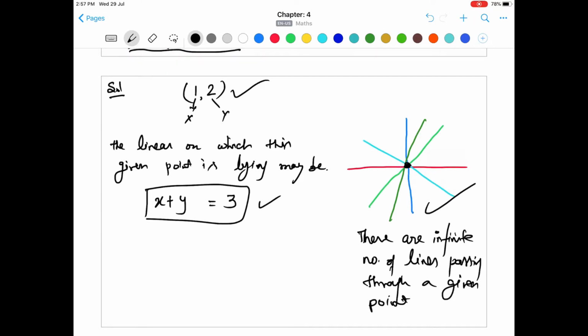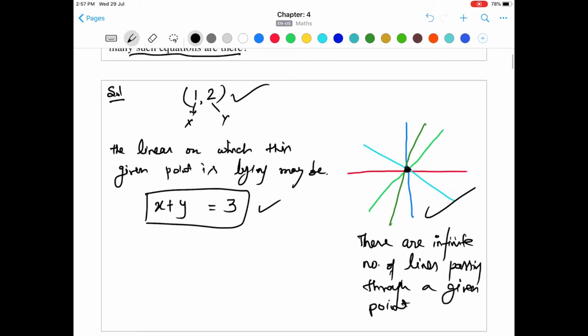We can write many more equations. This time let's subtract: x minus y. The x coordinate is 1, y is 2, so 1 minus 2 will give us minus 1. So this is another equation of a line on which this point is lying.